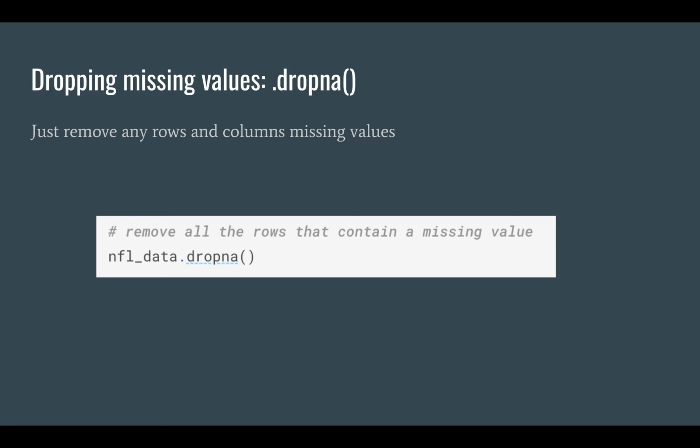If you're sure you want to drop rows with missing values, Pandas does have a handy method called dropna to help you do this. However, this can really drop a lot of rows and columns because it will get rid of anything with a missing value.